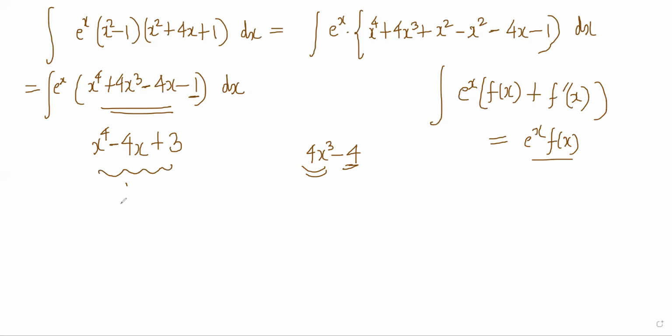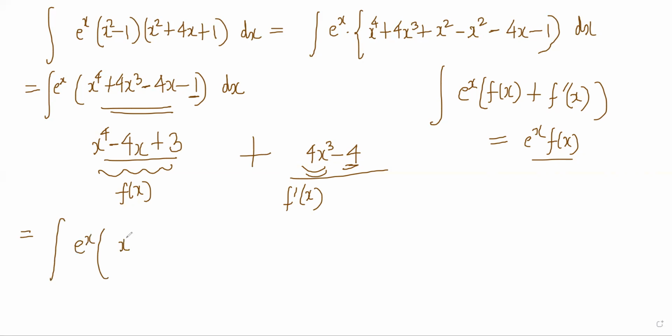So if this is my f of x and this is clearly my f dash x, then the addition of these two functions adds up to x power 4 plus 4x cube minus 4x minus 1. So therefore, you're getting the pattern e power x, x power 4 minus 4x plus 3 plus 4x cube minus 4, right?